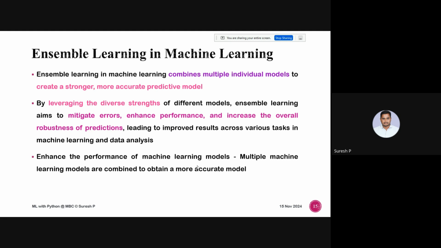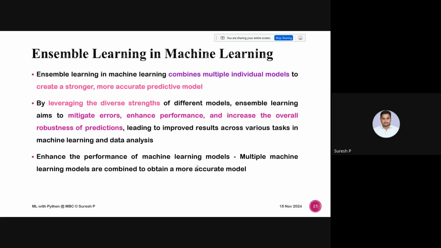So the purpose of this ensemble machine learning algorithm is that we are going to combine multiple individual models. Because of combining multiple individual models, we can create a stronger and more accurate predictive model.